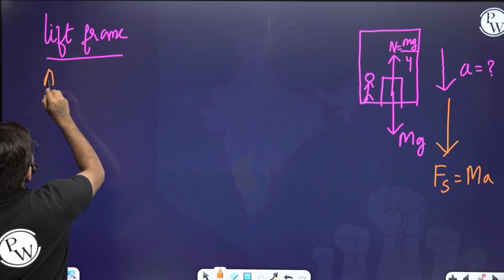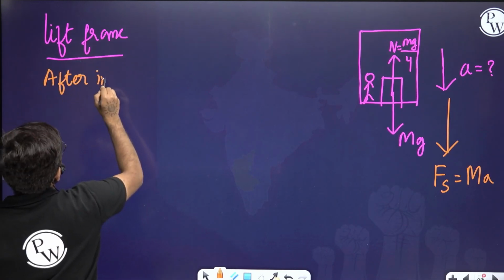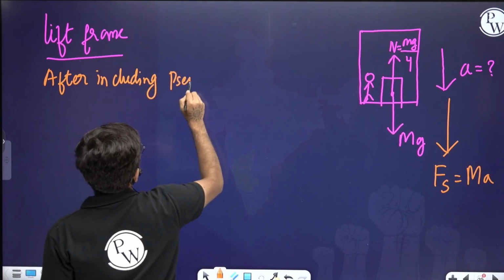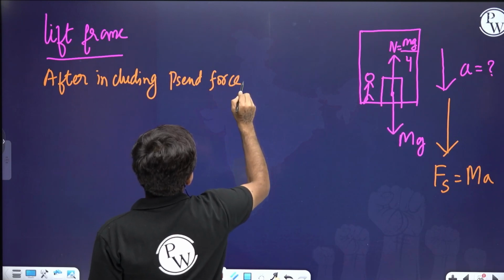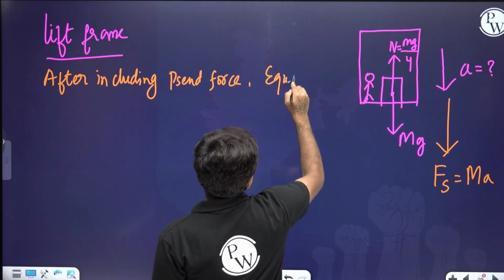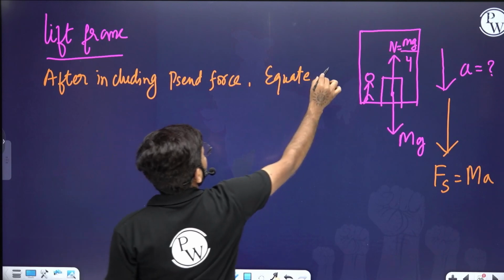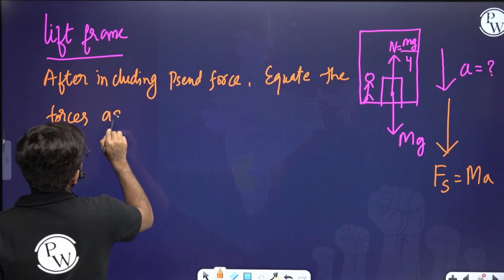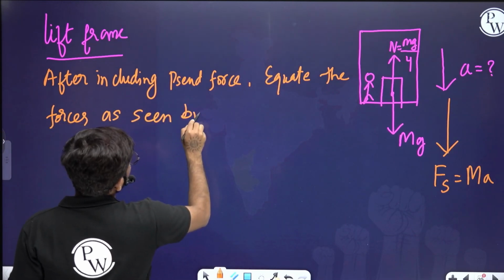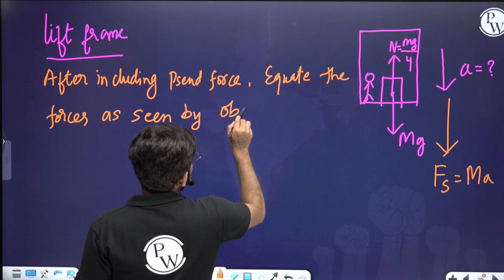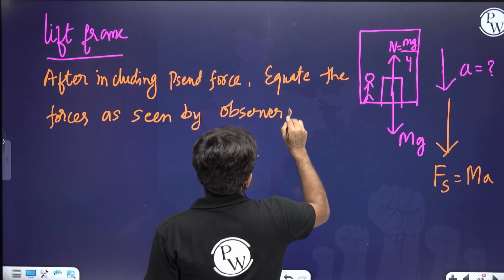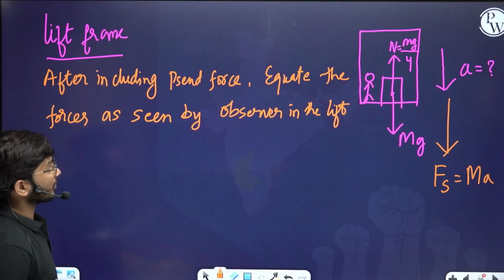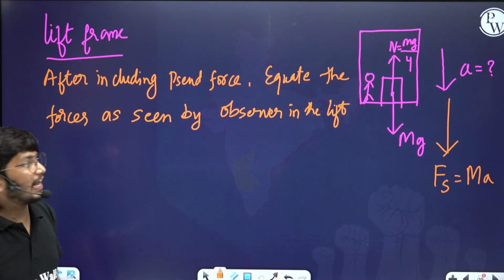So after including pseudo force, equate the forces as seen by the observer in the lift, because according to him the body is in equilibrium.